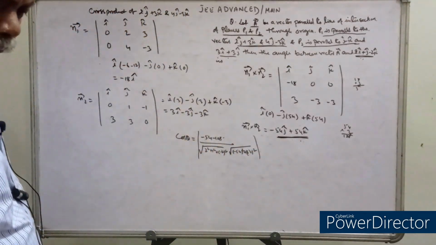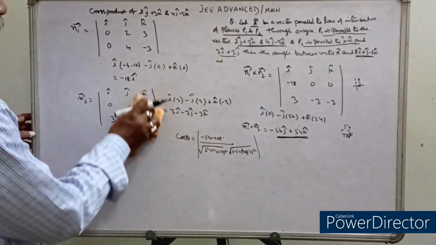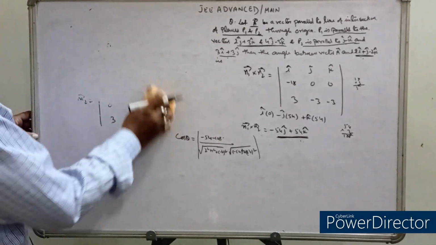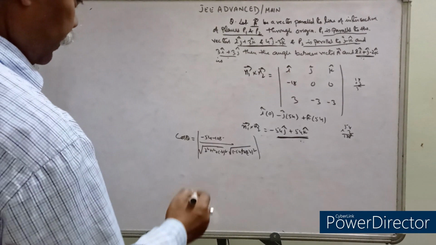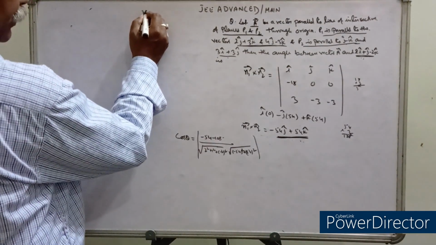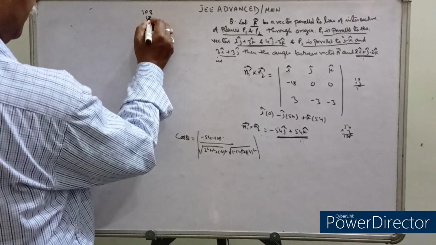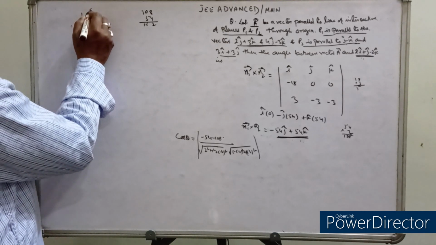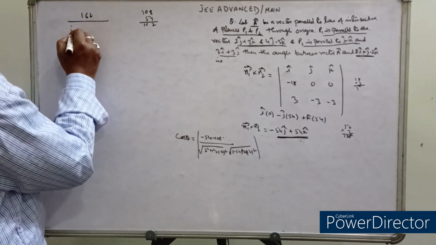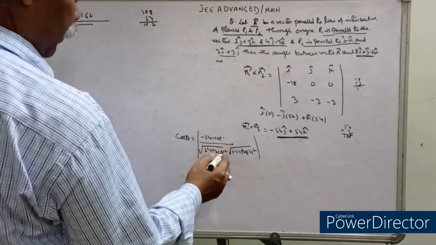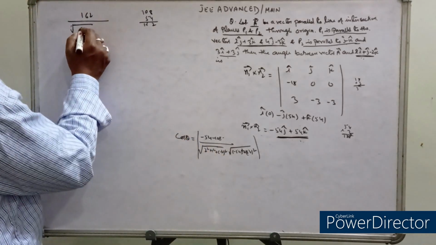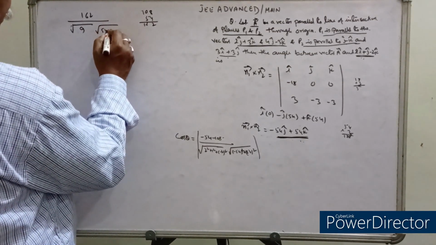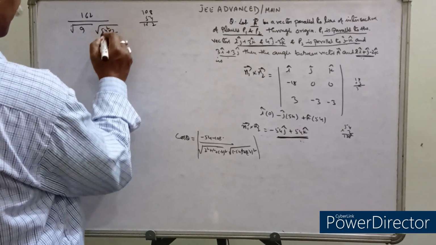So if we solve it, how much are we going to get? This will be 108, 54, 2, 6, 162, and then root over 4 plus 4, 8 plus 1, 9, and this will be 54 square into 2.